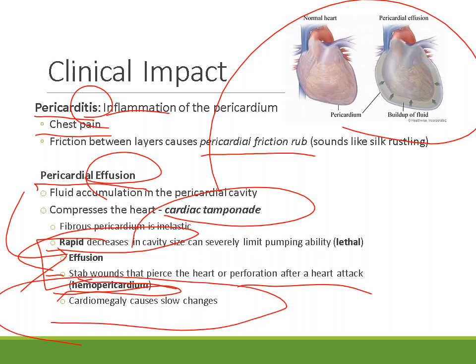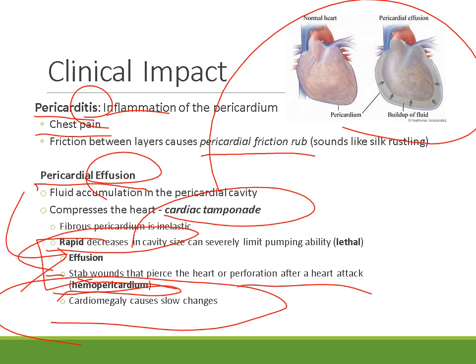Cardiomegaly is something that can cause slow changes to the size of the pericardial cavity. Cardiomegaly is like an overgrowth of the heart. So the heart slowly grows in size. Because the heart is slowly growing in size, the pericardial sac can usually compensate for those slow changes.